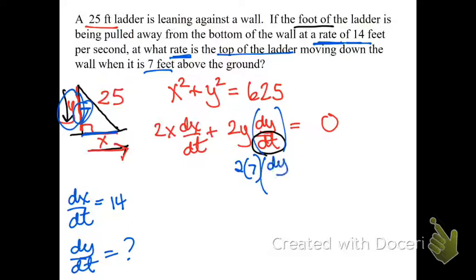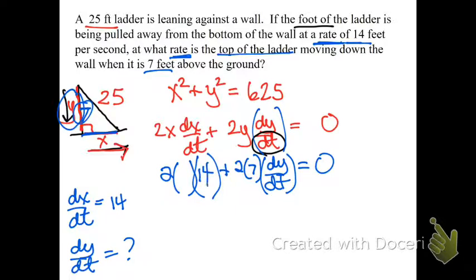I don't know what that is. Over here I have a 2. By the way, I could have divided this entire equation by 2 because I just now noticed that you could have. Might have made my computation a little easier. x at this moment, don't know that yet. dx/dt, I have that. That's 14.